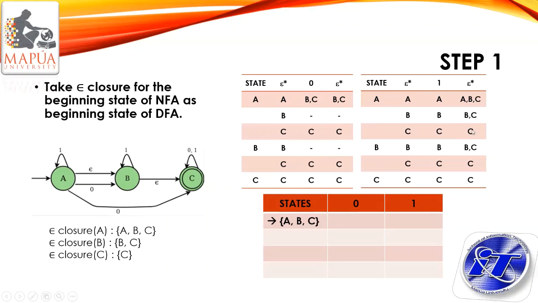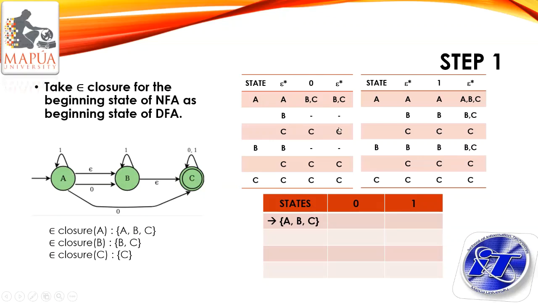For B at 1, again, it loops within itself, so it starts with B, but the closure of B is BC, so the final path will be BC. And for C at 1, it just loops within itself.